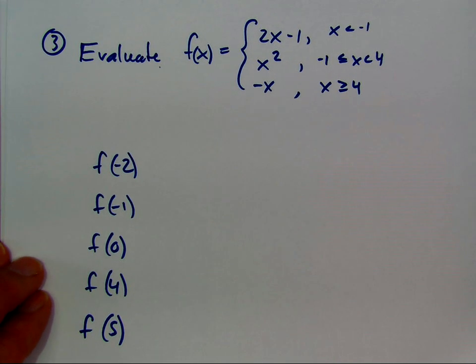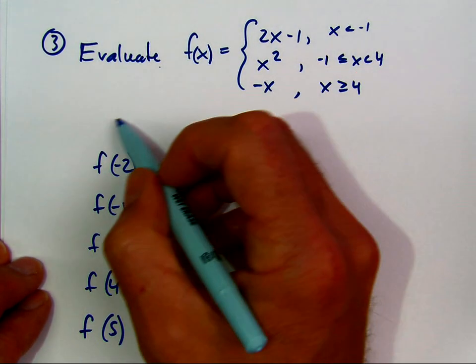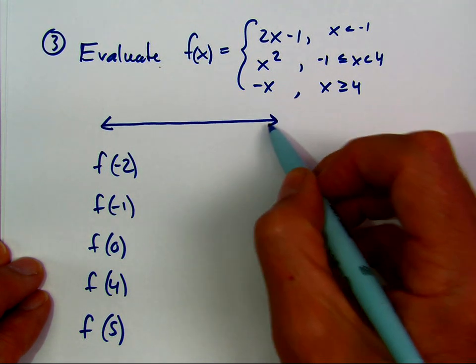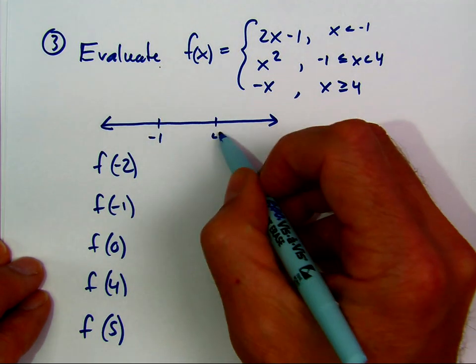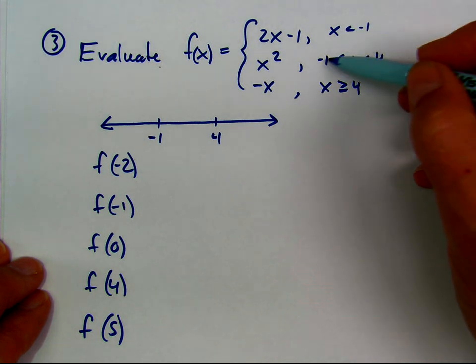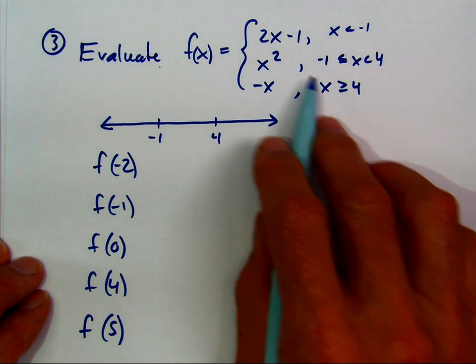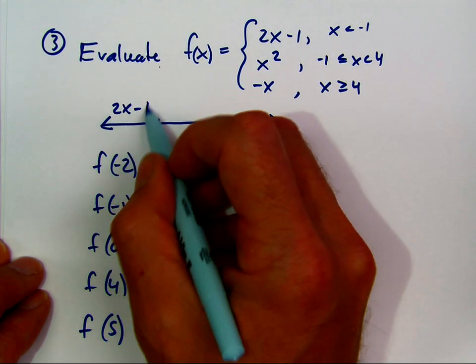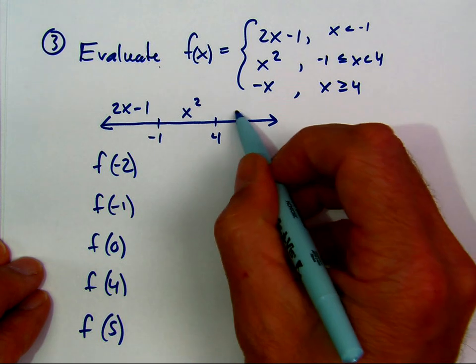We need to know which of the pieces we're going to use to evaluate each of these. So if we put them on a number line, that can help us organize it. -1 and 4, this is dividing up the number line. We have to the left of -1, between -1 and 4, and to the right of 4. So we know that we're going to use this on the left, this in the middle, and that on the right.